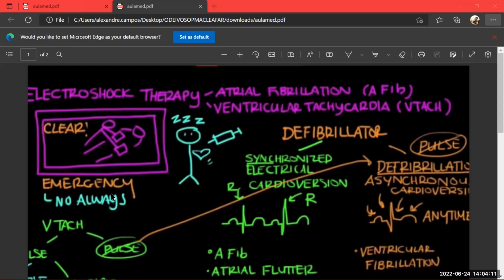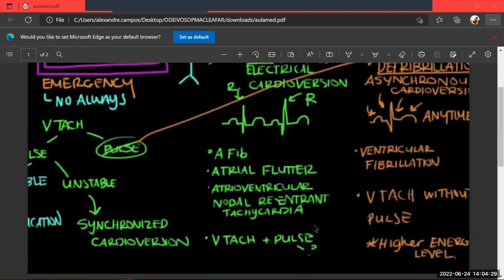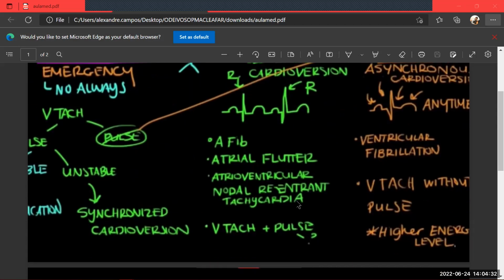You have synchronized electrical cardioversion and asynchronized cardioversion, which is in the R segment. AFib and atrial flutter and atrioventricular nodal reentrant tachycardia.